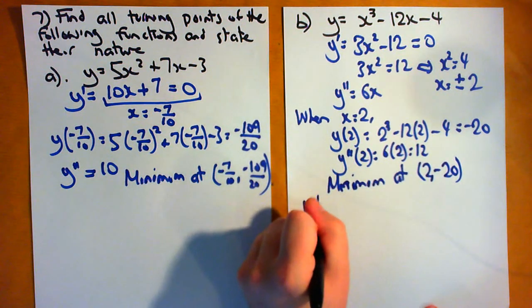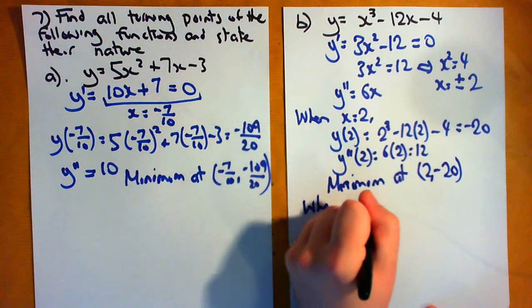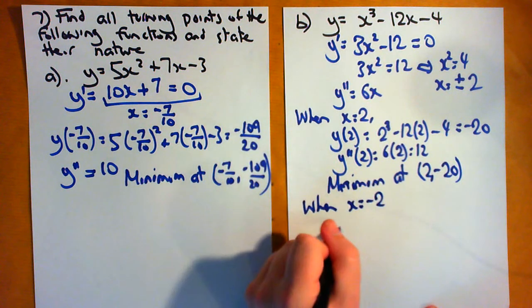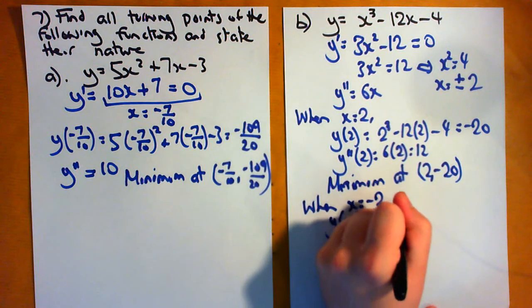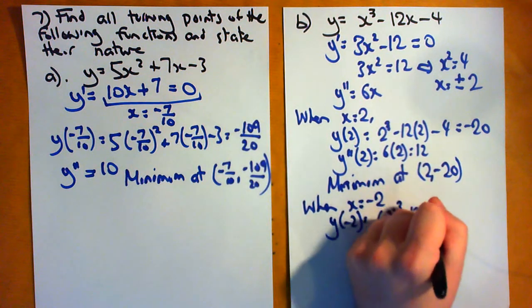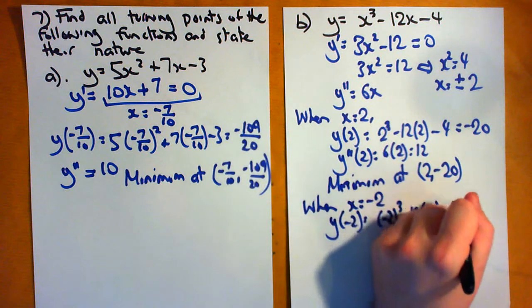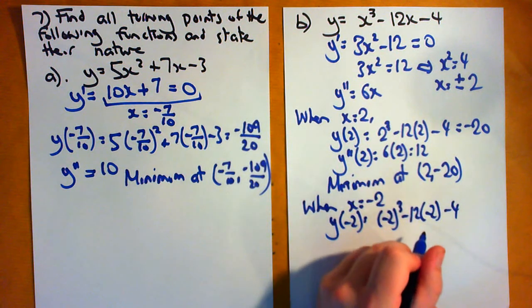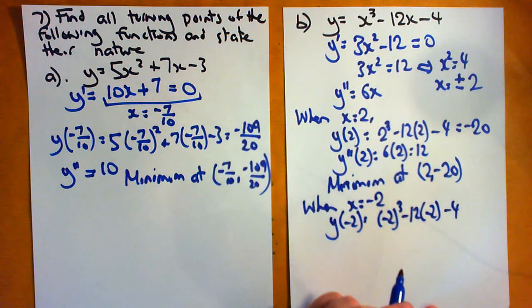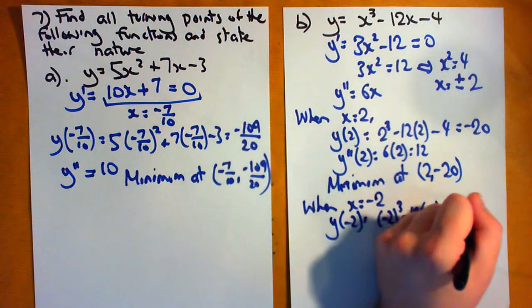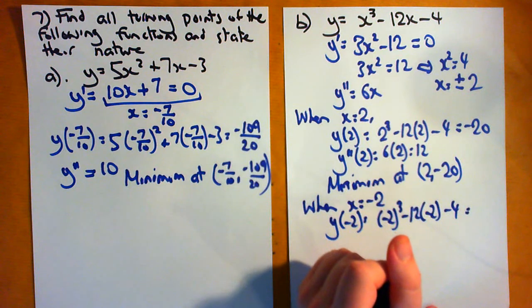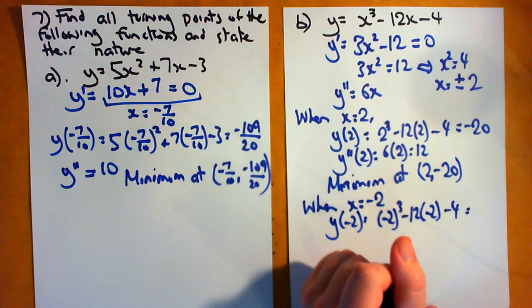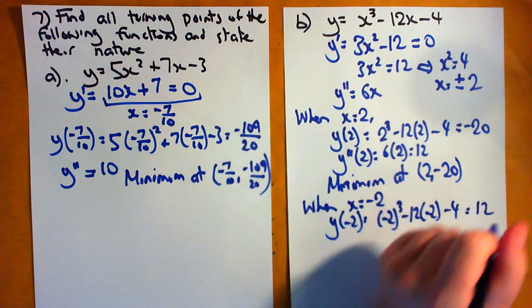Now we also need to deal with x equals negative 2. So when x equals negative 2, y of negative 2 is going to be negative 2 cubed minus 12 times negative 2 minus 4, which is minus 8 plus 24 minus 4, so we get 12.